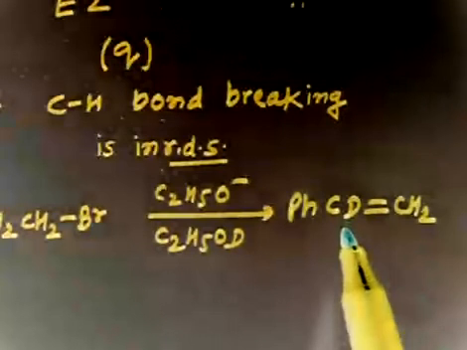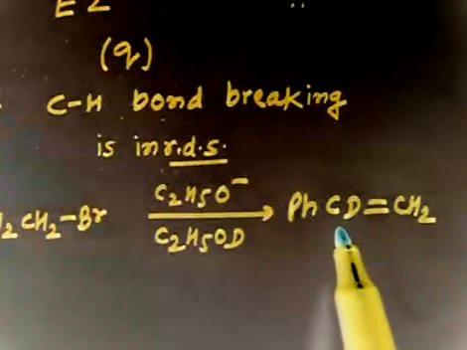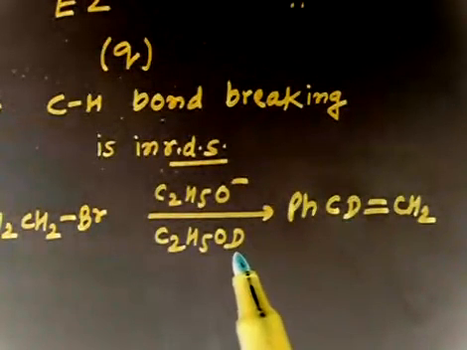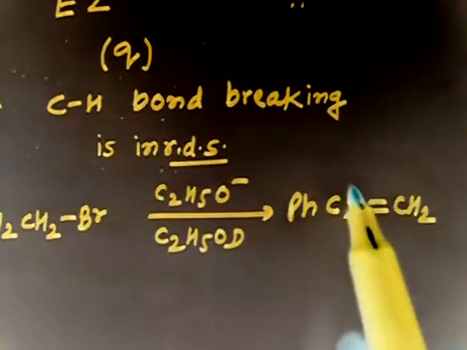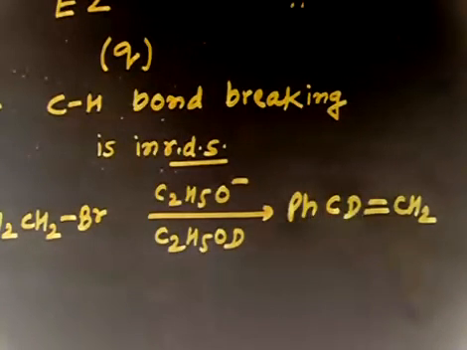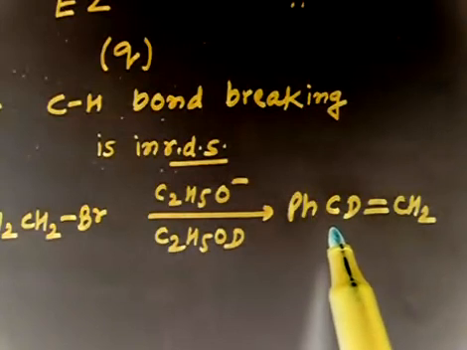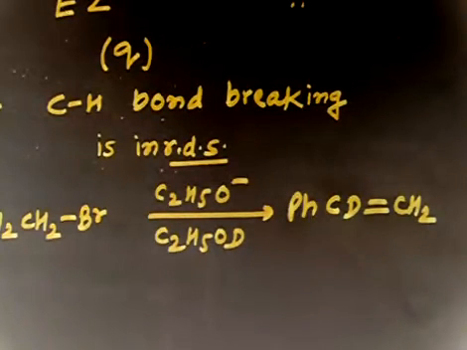This gives me a hint. Since there is a deuterium, there must be a minus here that has taken D from the solvent, and only then I have deuterium here. So this gives me a hint there should be something minus. Are you getting or not?